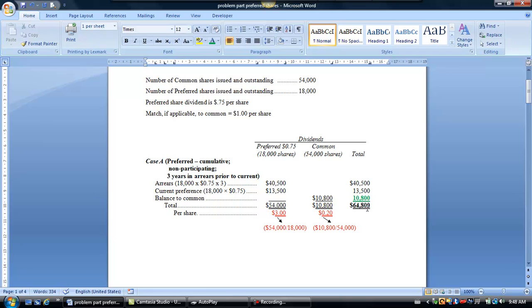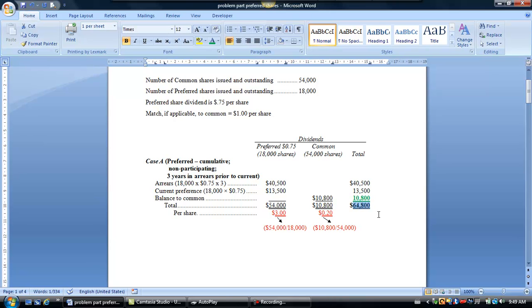The question asked us to calculate how much of the dividend will go to each share type. 54,000 is going to go to the preferred, and 10,800, the balance of the total dividend declared that year, would go to common.